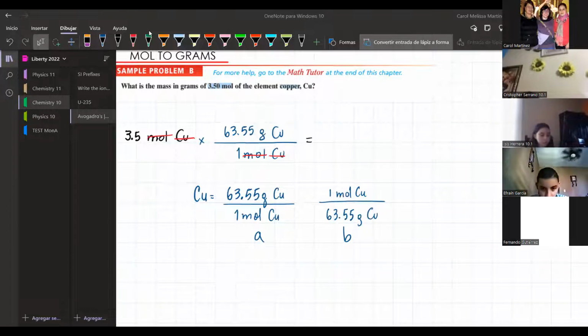Remember, everything that is above, you multiply. You can place a 1 over there. Okay, 222.43 rounded. That's the answer. Very good. 222.43 grams of copper.